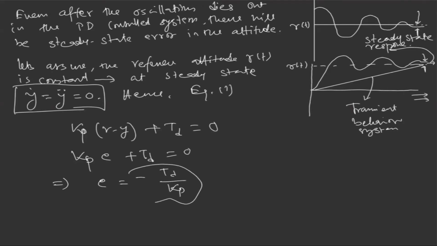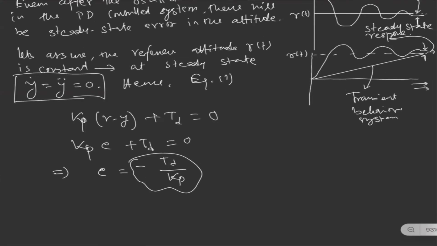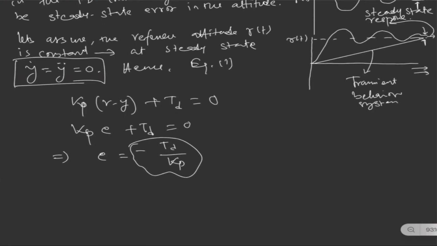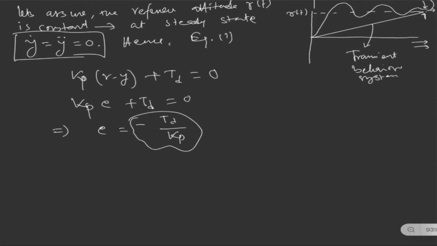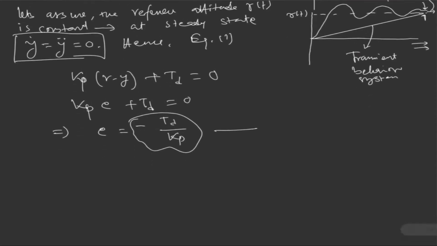So this is the problem that arises if you have disturbance in a PD controlled system, which is non-zero.